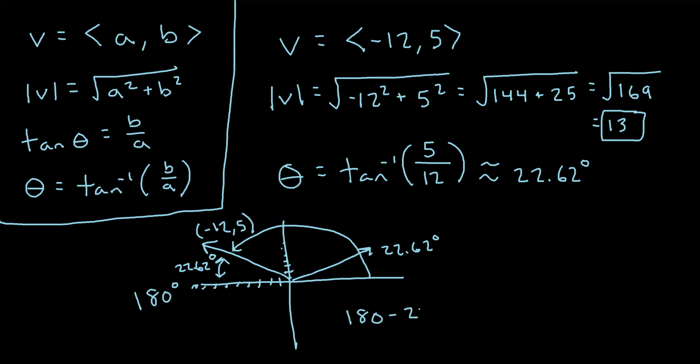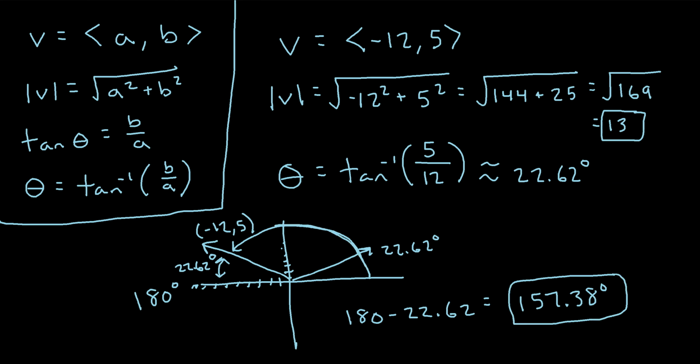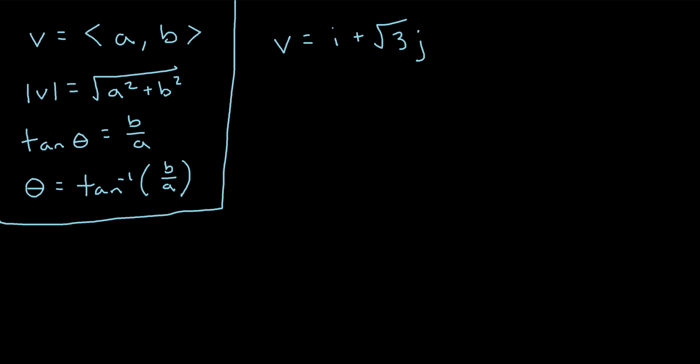So if we do that, we get 157.38 degrees. So that is what this angle is, starting from 0 all the way out here to -12, 5. This is 157.38 degrees. So we found the magnitude to be 13, and we found the direction or the angle to be 157.38 degrees. All right, let's try one more example.